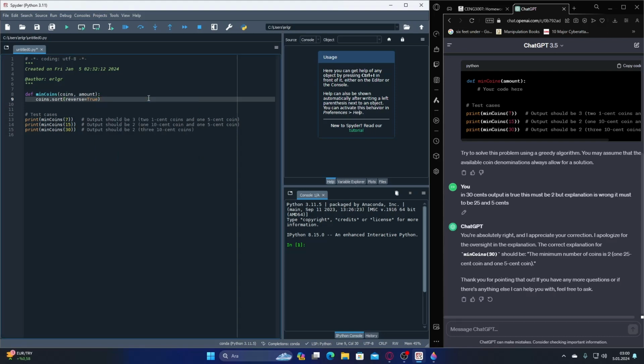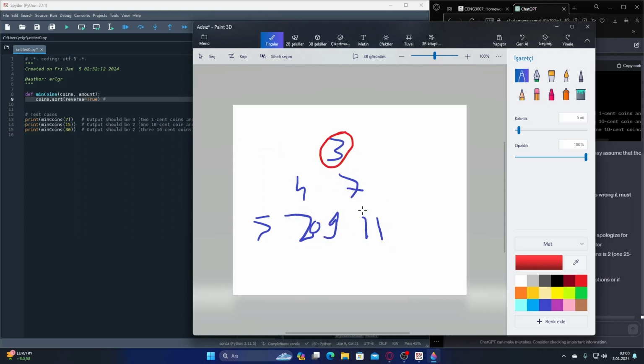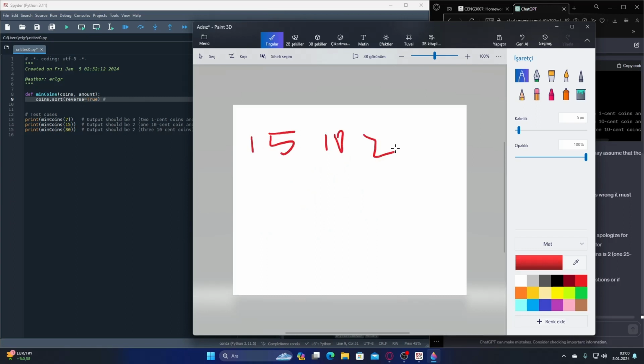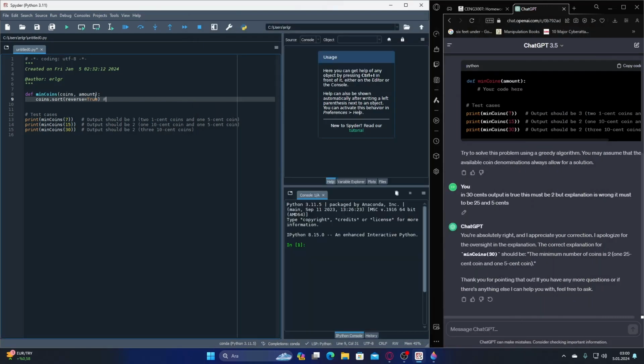I'm writing reverse because I just want to view it as 25, 10, 5, and 1.